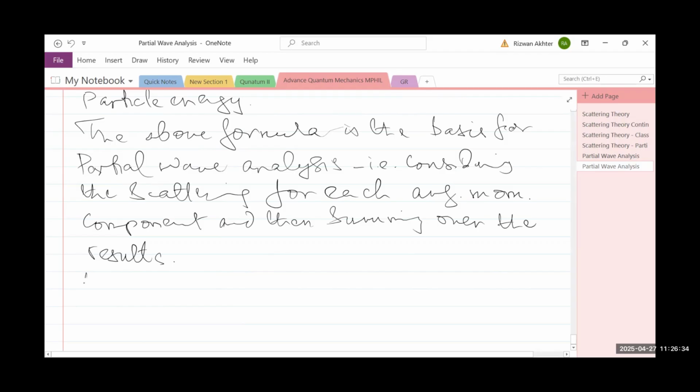So it is expected that small L contributes most.